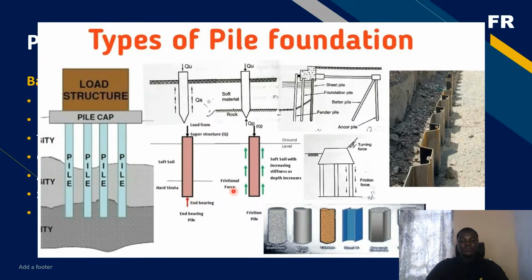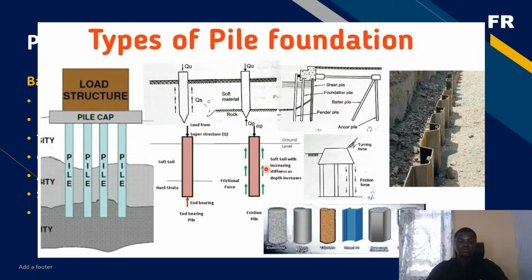But in terms of the friction pile, let's say finding hard strata is very impractical, or uneconomical. For example, you are designing a three suspended floor building, and the total height of your building is around 18 meters.